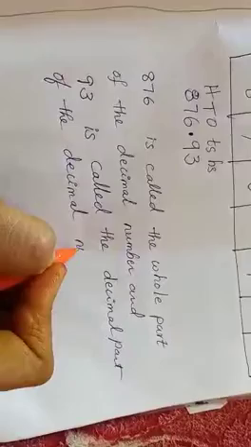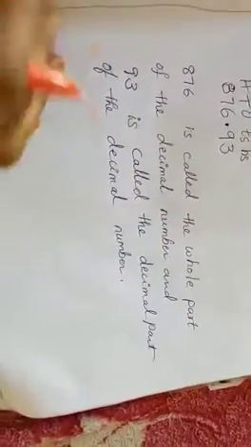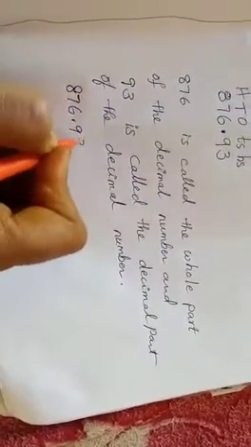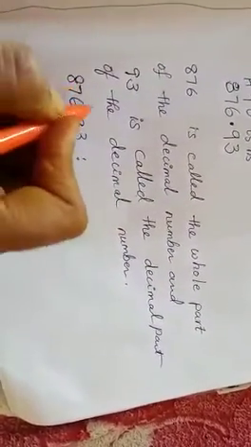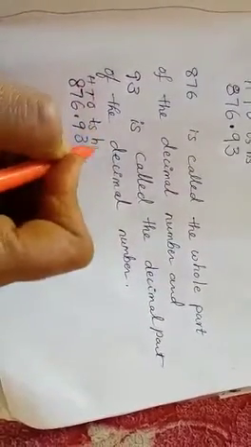So now how to read it? 876.93. So we are going to write the number name for this. Ones, tens, hundreds, tenths, hundredths.